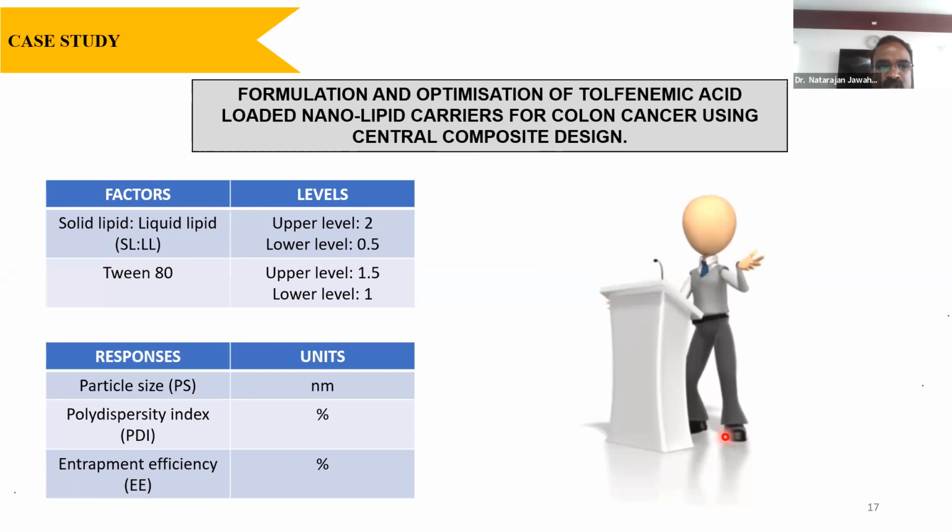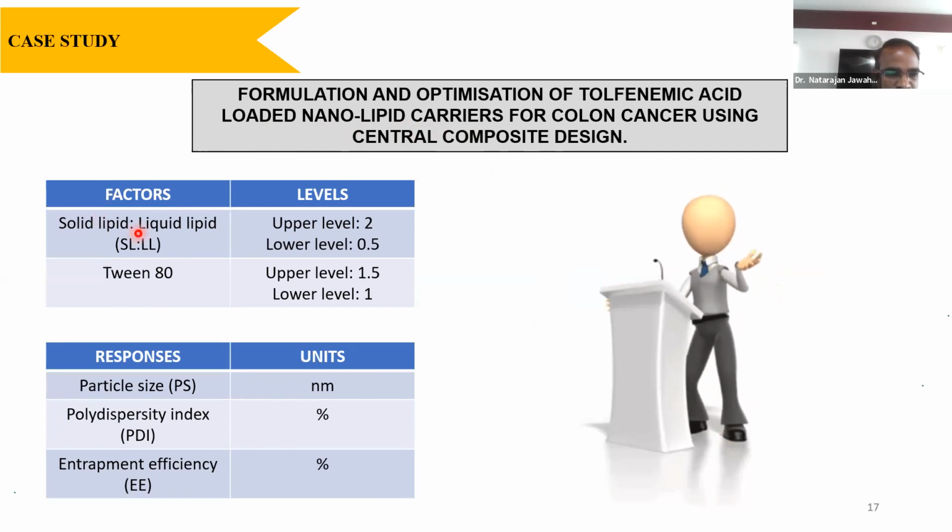For example, one of my students, I'm not going to discuss everything, has worked on the formulation and optimization of tolfenamic acid loaded nanolipid carriers for colon cancer using central composite design. This is his title. His formulation is NLC, nanostructured lipid carriers.